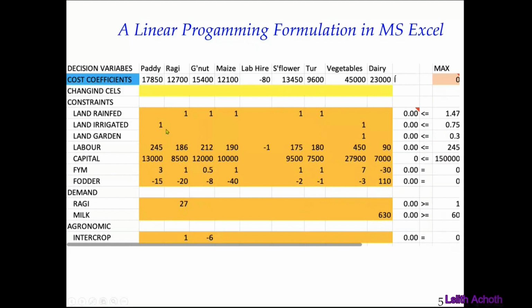I say for every 6 rows of ragi, you should have 1 row of groundnut in order to enrich the soil. Similarly, in production, there are joint products. In milk, butter and buttermilk are produced together. Similarly, here you say for every 6 rows of ragi, you should have 1 row of groundnut.